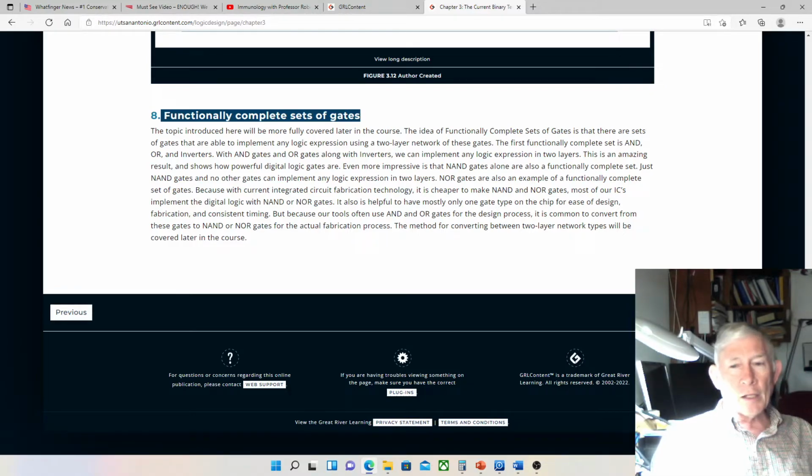And that again has to do with our discipline of regularity and uniformity. It makes it a lot easier to make the exact same gate over and over again, rather than each one having to be a little different. That's what we don't want to do. So you can imagine if you have something like 14 billion gates, the last thing you want is to have each one of them be a little different. But if they're all identical, it's a lot easier just to replicate them. Okay, so that's the concept of a functionally complete set of gates.